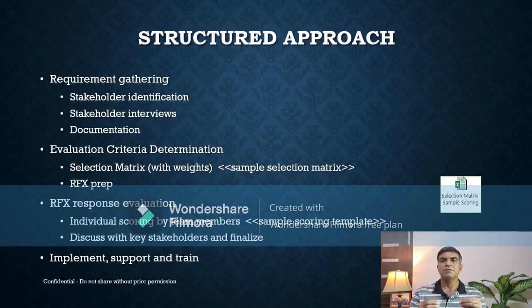So once you have sent this RFX template and you get a response back from your suppliers, and there is an answer against each of the questions that you asked, you score each of the suppliers on each of the answers that they have given on an individual basis, and then find an average of those scores and come up with a score for each supplier against each criterion that was part of the selection matrix.